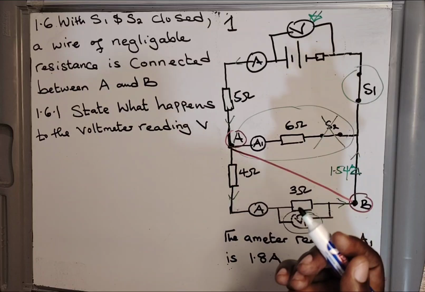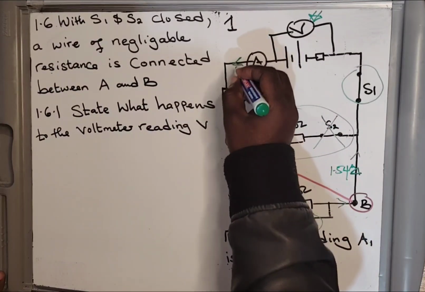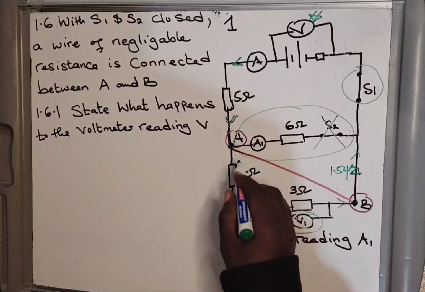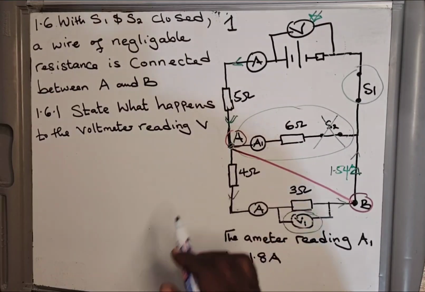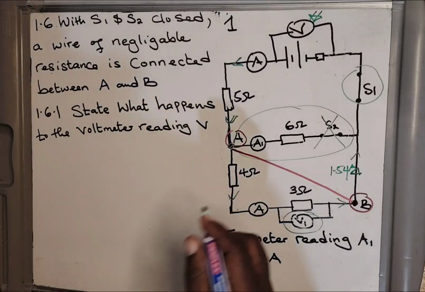So let us follow the flow of the current. The current flows like this. It comes, it reaches this point. Now what we are going to explain is very fundamental. It's very, very important.